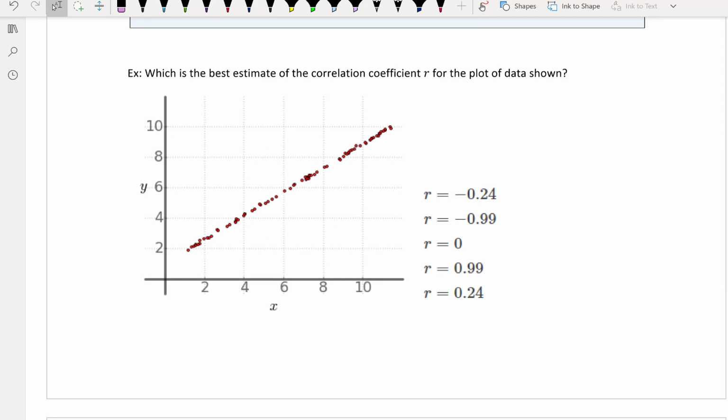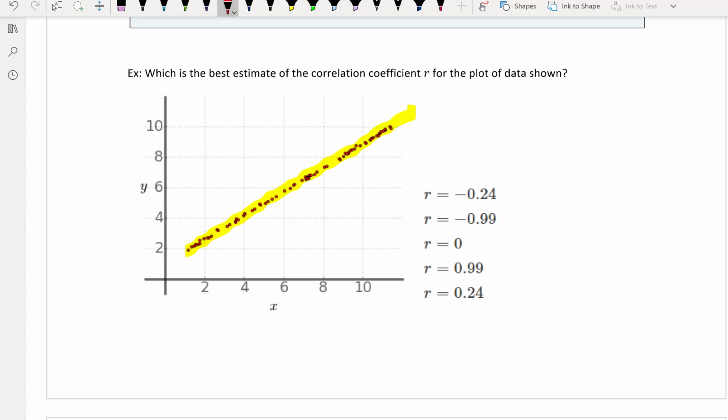It says, which is the best estimate of the correlation coefficient r for the plot of data shown? This is for sure, if I were to draw a line through this, it hits every single point. So this is definitely going to have a correlation of 1, or at least really, really close to 1.